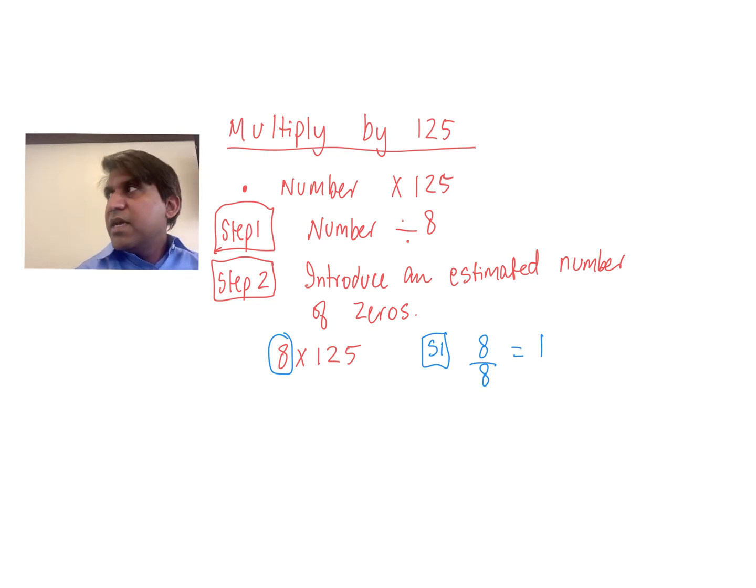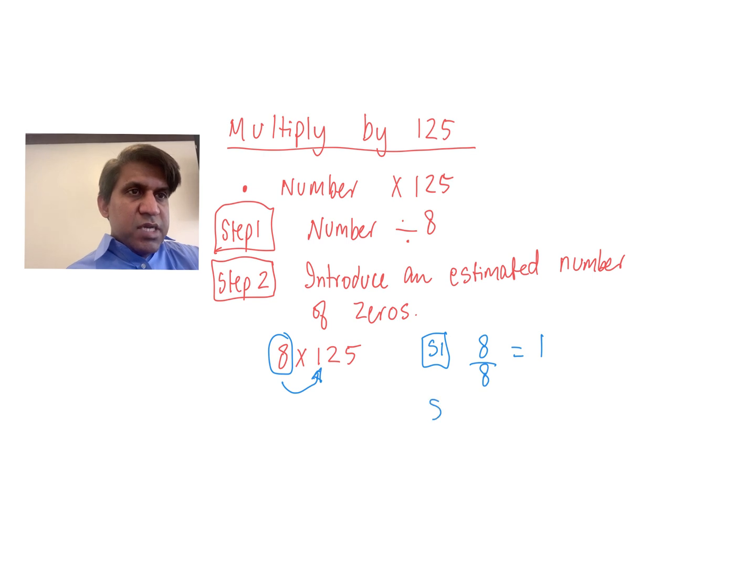And then what would 8 times 125 be? 125 times 2 is 250. 125 times 3 is 375. And then 125 times 4 is 500. So if we look at it, 8 times 100 is 800, right? We were just to do this multiplication. Now we've got a number that is above 100. So we know that the answer has to be above 800.